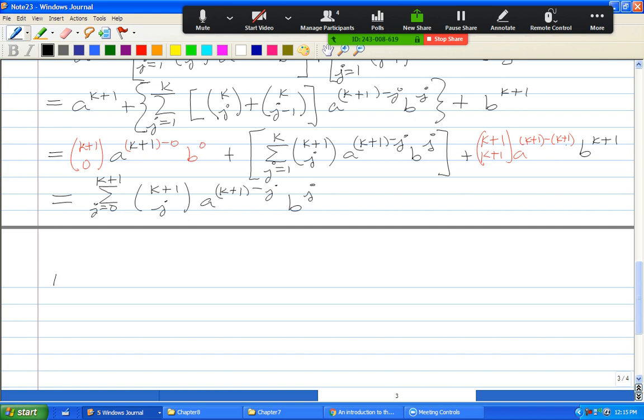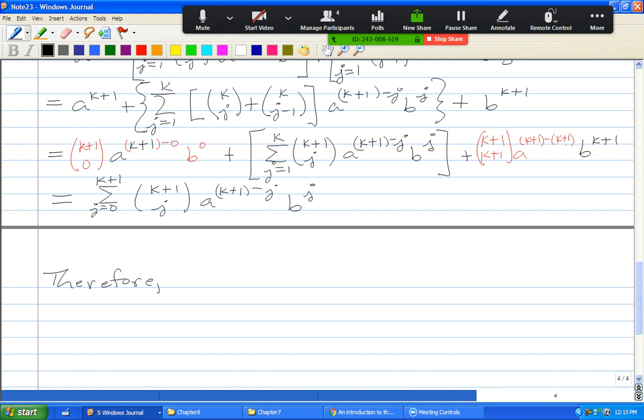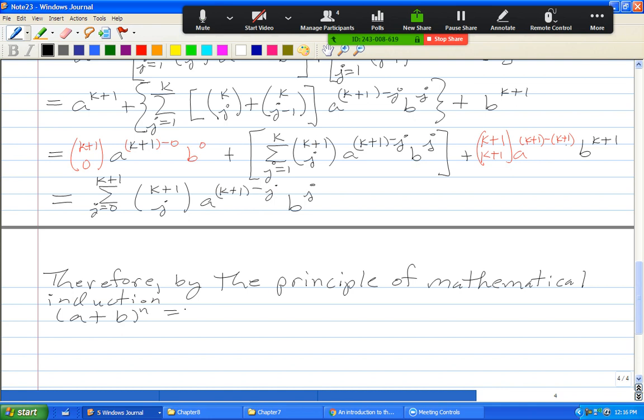So therefore, by the principle of mathematical induction, (a+b) to the n is equal to the sum j equaling 0 to n of n choose j, a to the n-j, b to the j, and this is true for all whole numbers n. So I'm done.